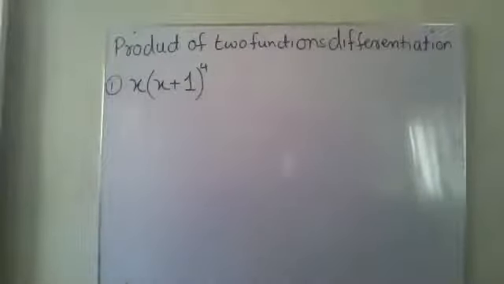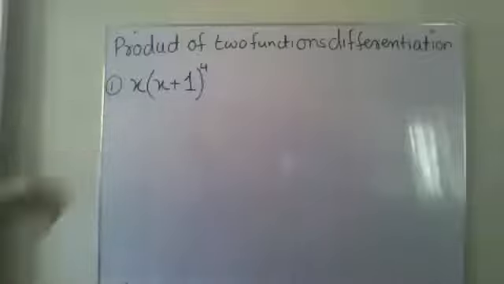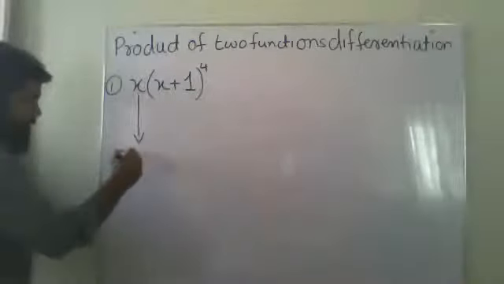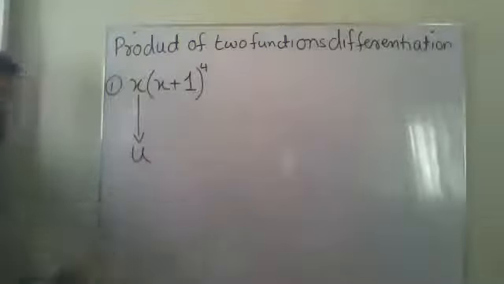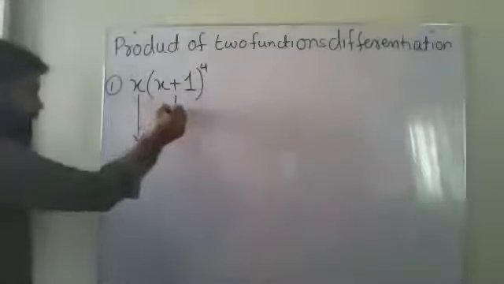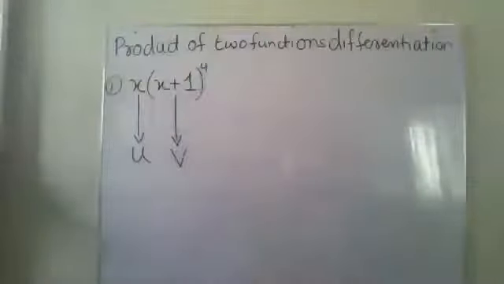Okay, now what is our product rule? First of all, I am explaining this thing. For instance, one of my functions, I am taking it as u. And the other function which I am having, that one I am taking as v.